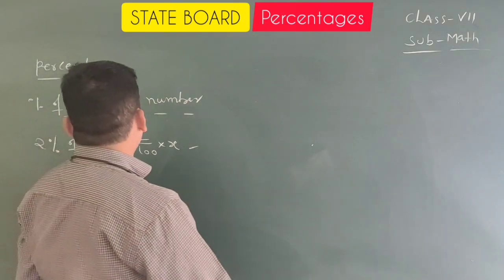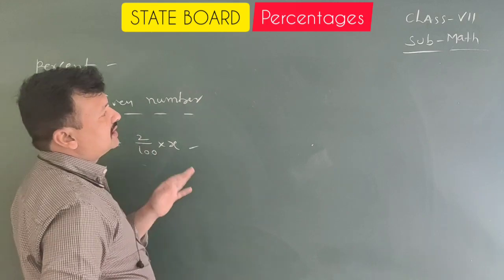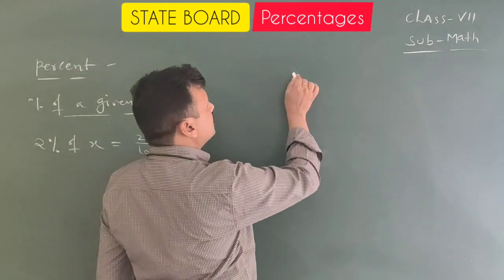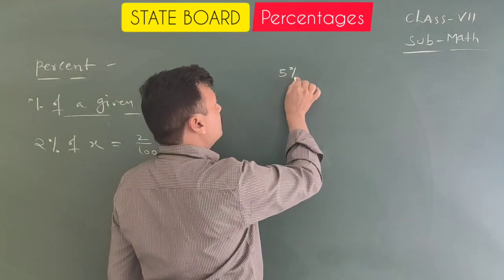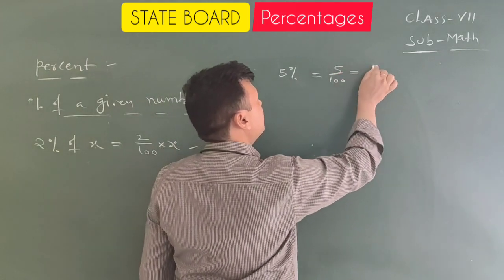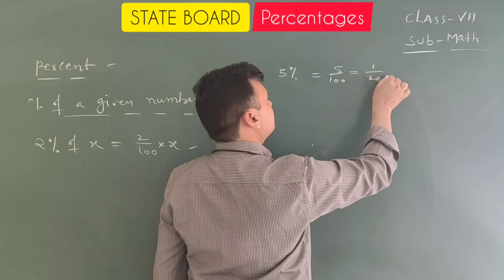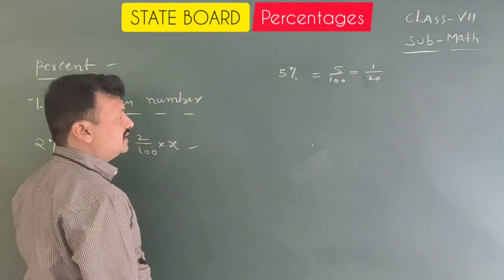Before we learn percentage of a number, first of all conversions. Here 5% is given. How do we convert it in terms of fraction? It means 5 by 100, and in simplest form it is 1 by 20.